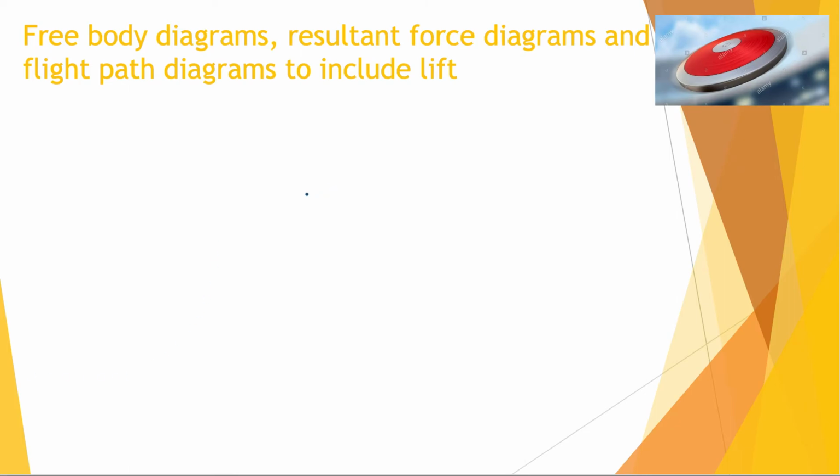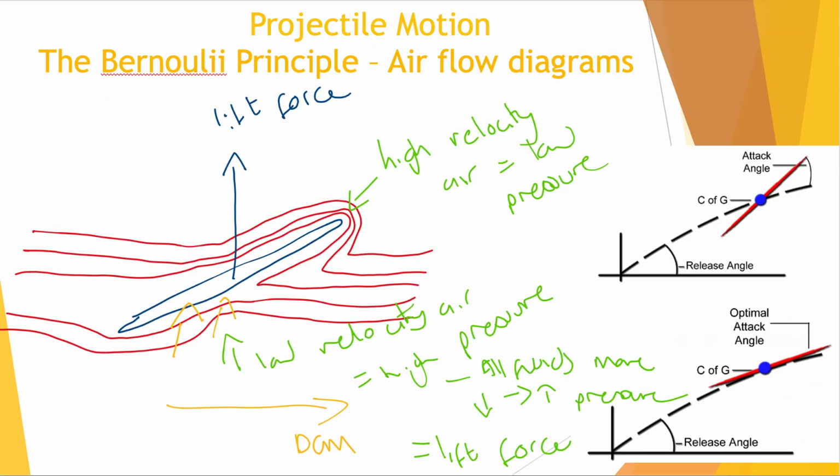Okay, so they were our airflow diagrams, and we can use an airflow diagram like this to explain the Bernoulli principle, to explain that through a diagram, to say that air is being forced either under or over an object, either over the top of and underneath an aerofoil shape, or underneath and over the top of an object that's released at a certain angle of attack.